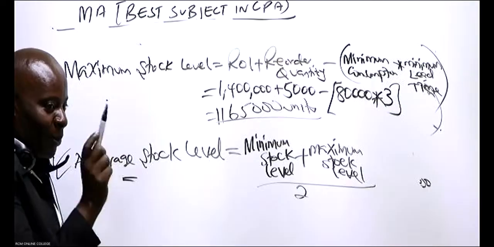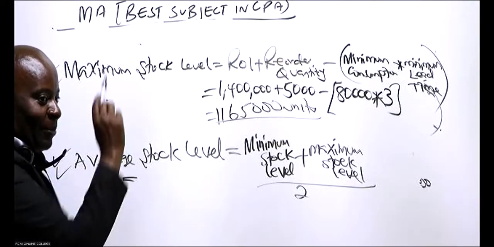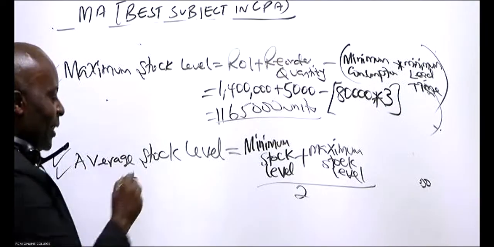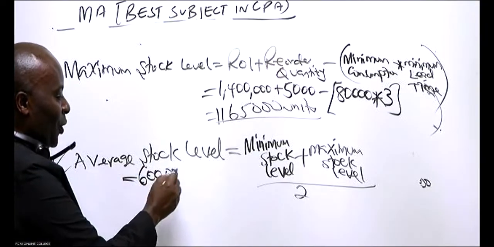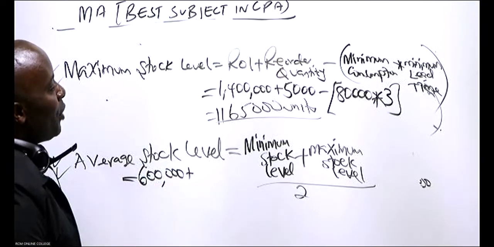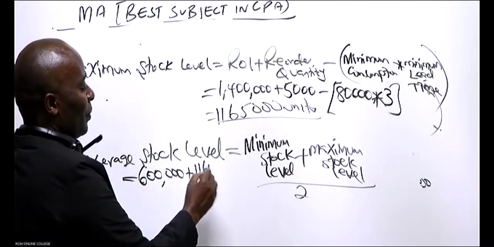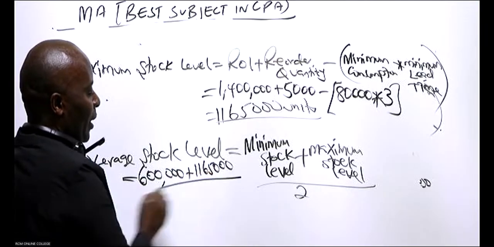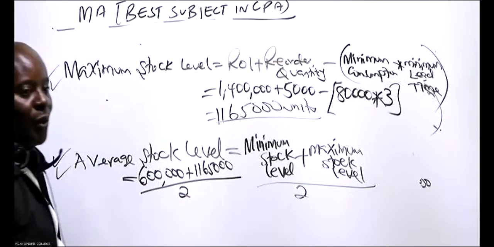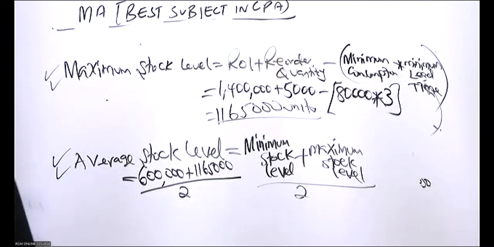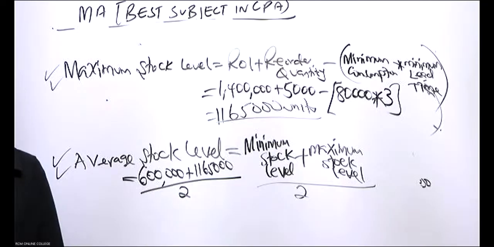Not minimum consumption, the minimum stock level we got up there. 600,000, yes. So 600,000 plus maximum stock level, how much is it? 1,000, isn't it? And then everything we divide by 2.